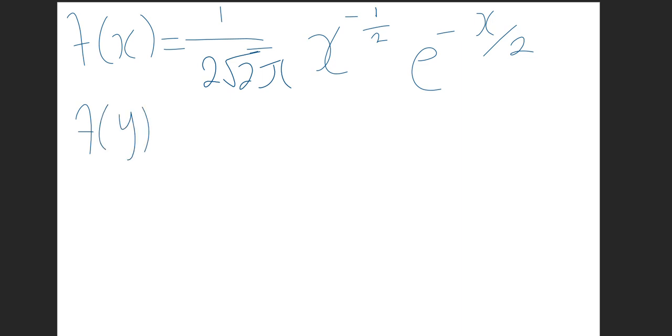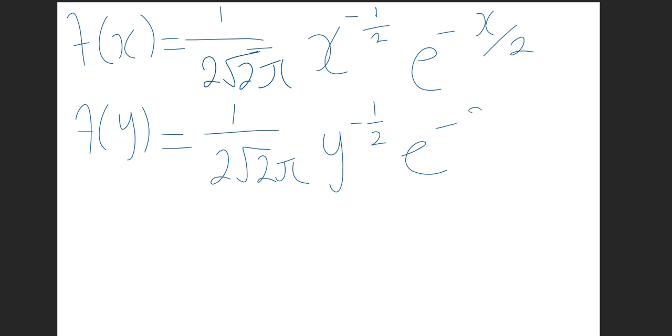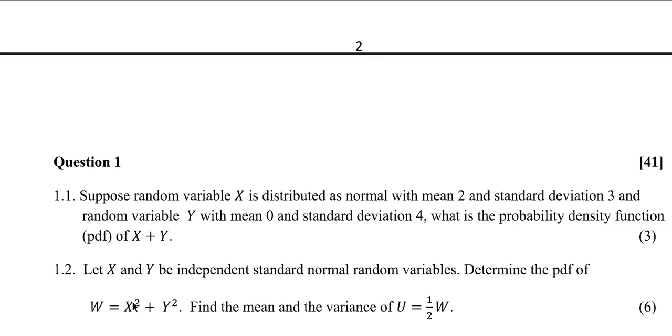Now for our Y, we'll have the very same thing, just a change of variables: y divided by 2. Now, if we take a look at this question, we have a summation of two random variables.